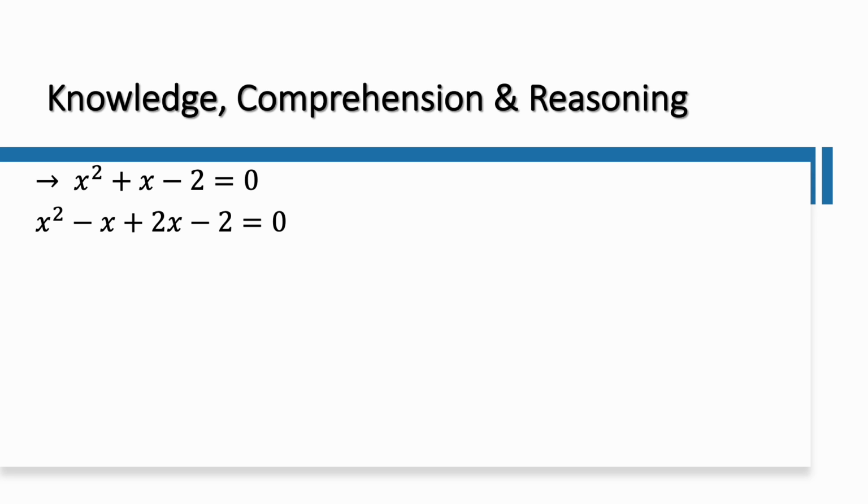And it's because we identified -1 and 2 as the numbers that are important. These two numbers, again, when you multiply them, you get -2, but if you add them, you get 1.